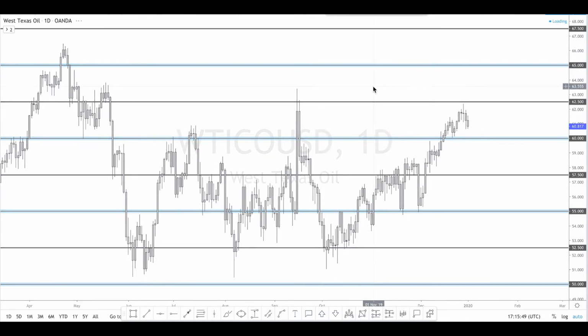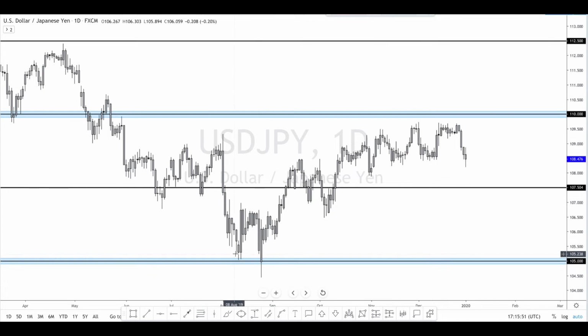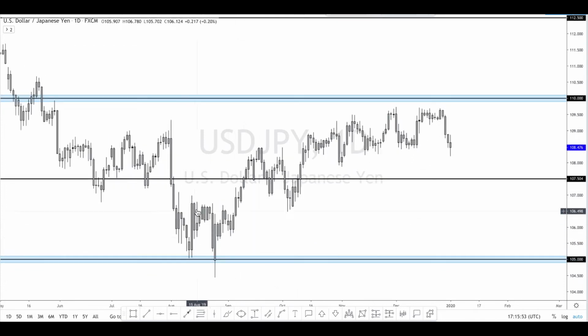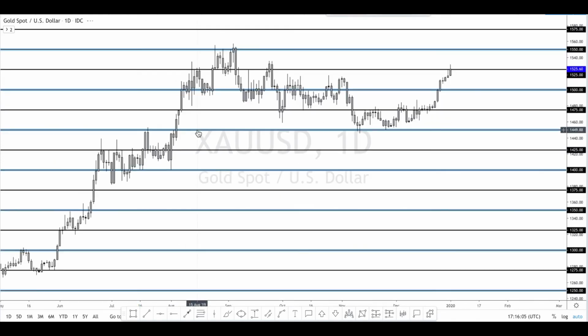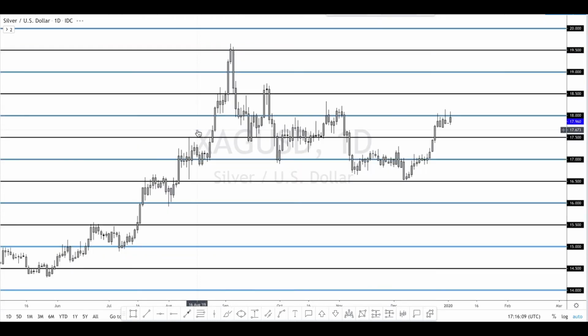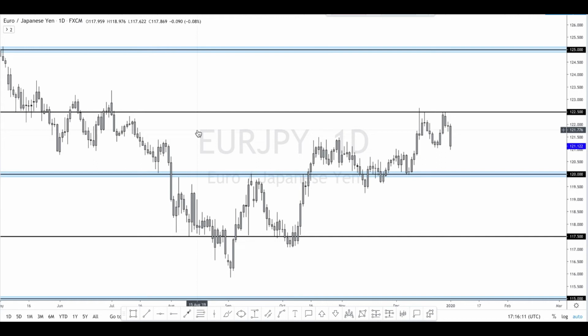So it's another form of manipulation. You see it here with UJ: it has a low, pushes away, comes down, takes that low out, and then completely reverses. Just like here in UJ, we have a high, it comes up, wicks the high, and completely reverses. You're going to see this on many occasions, where price just gets manipulated and then completely reverses.